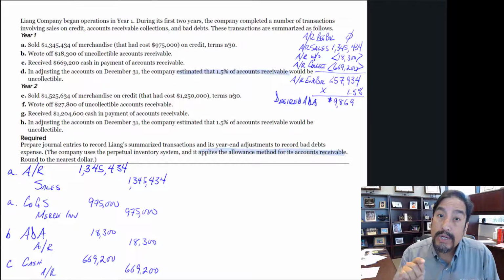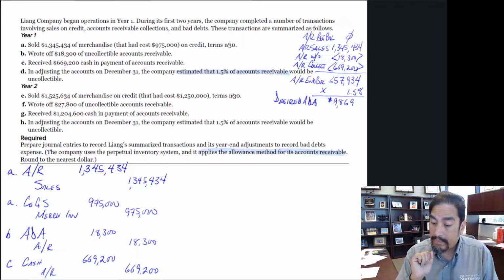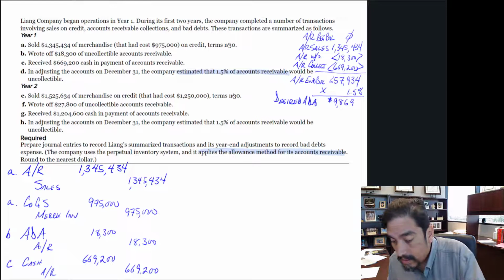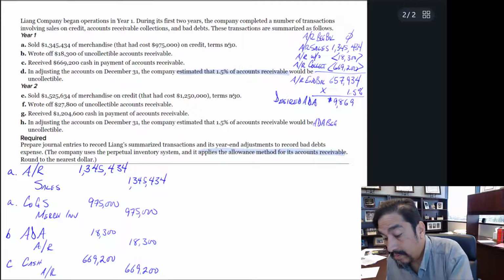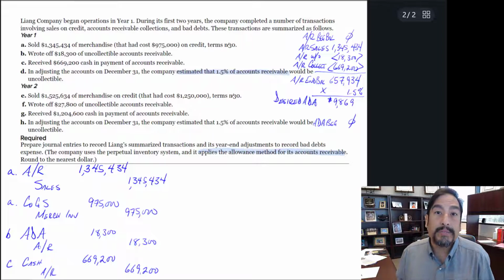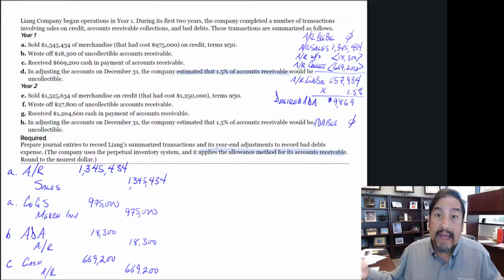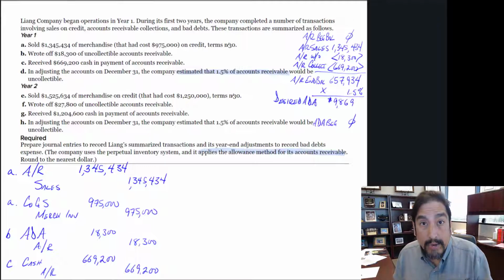So we need to look at where our ADA account is right now. I'm going to go ADA beginning: 0. Brand new company, just began operations in year 1. We didn't have any carryover from last year. I'm going to go through here and look for every time we hit the ADA account in our journal entries.